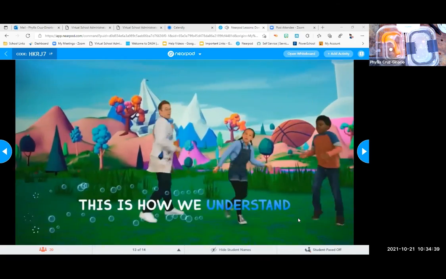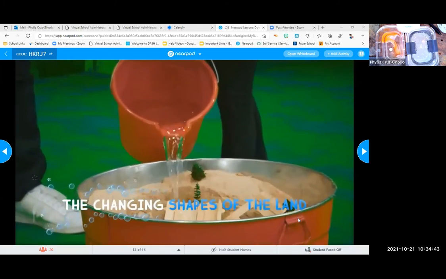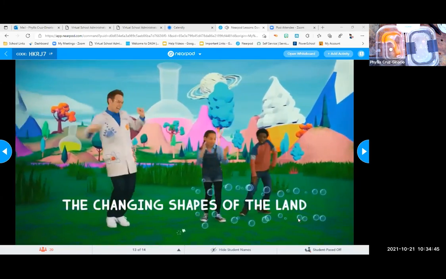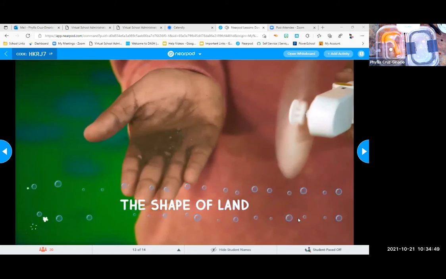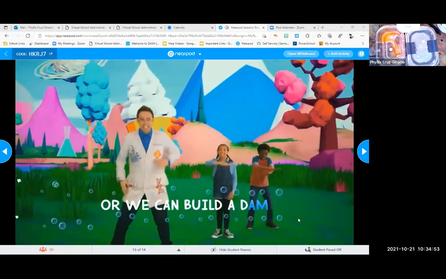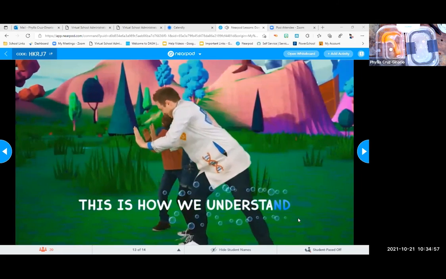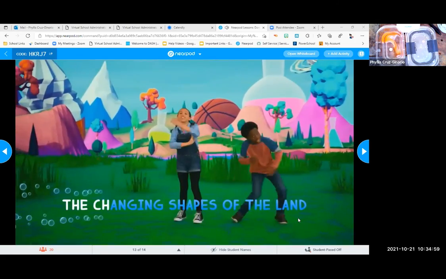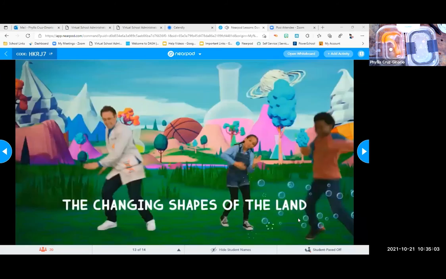This is how we understand the changing shapes of the land. Water and wind can change the shape of land, but we can plant trees or we can build a dam. This is how we understand the changing shapes of the land.